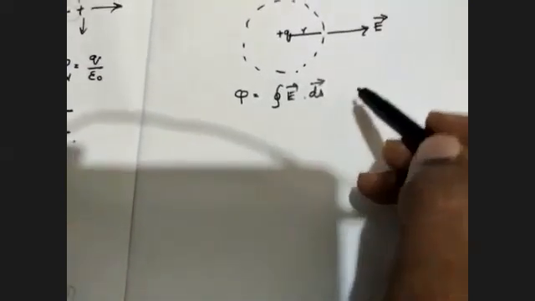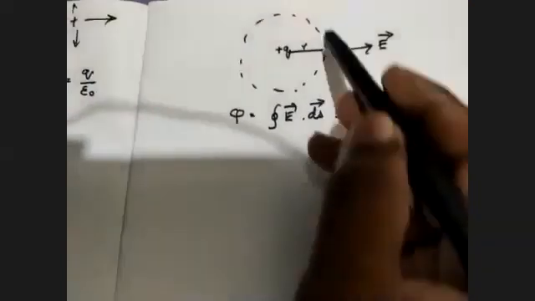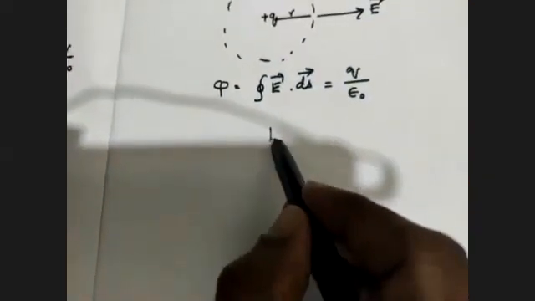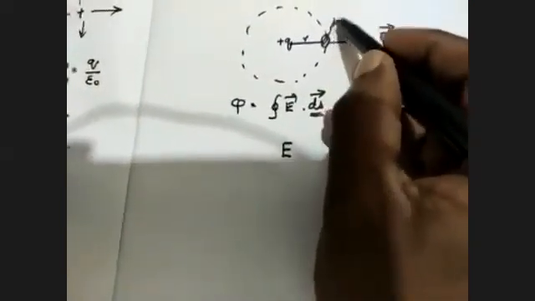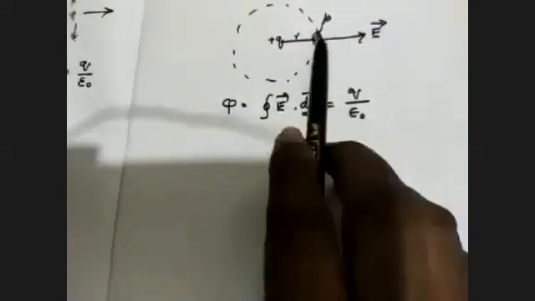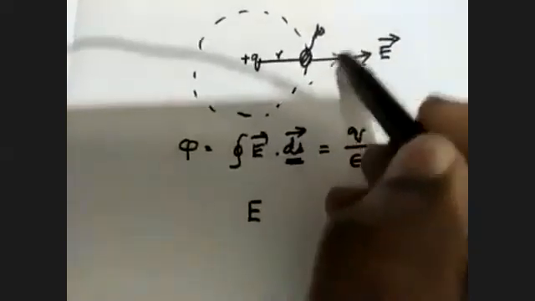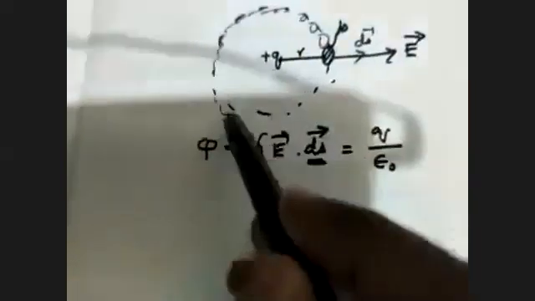This is the ordinary formula. Our Gauss law formula is charge inside divided by epsilon naught. Here we have taken this small surface ds, which is looking in this direction. This surface is looking in this direction, that's why ds is also in that direction. Like that, so many surfaces we can imagine.